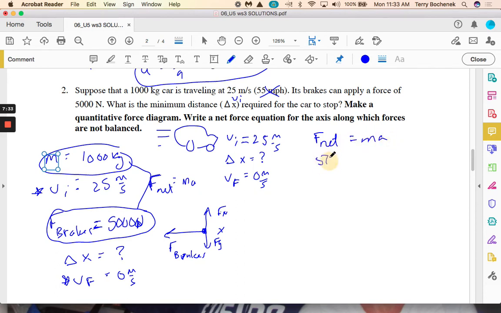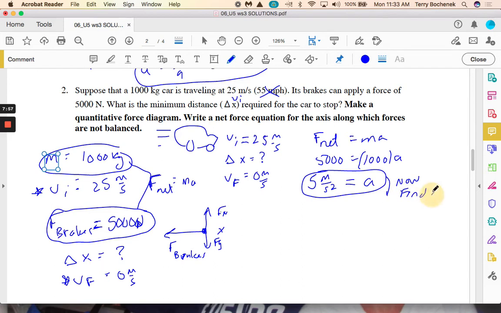So 5,000 newtons, and the mass is 1,000 kilograms. We like nice round numbers that are going to be easy to divide. So if I divide both sides to solve for A, I get 5 meters per second squared for an acceleration.